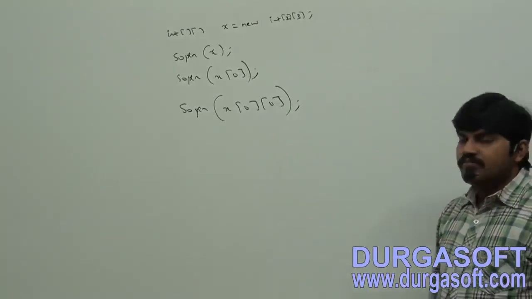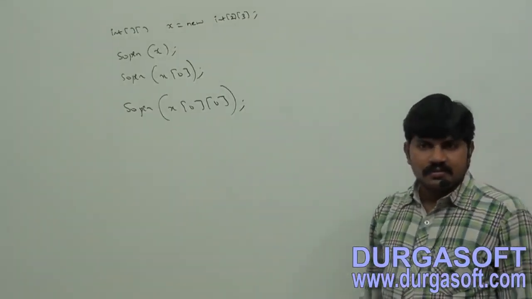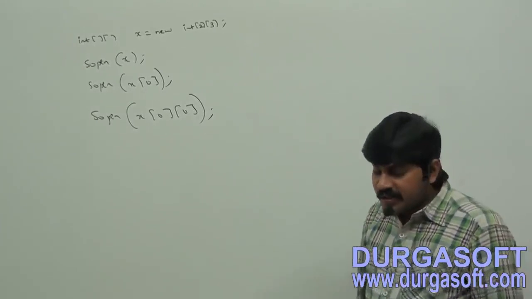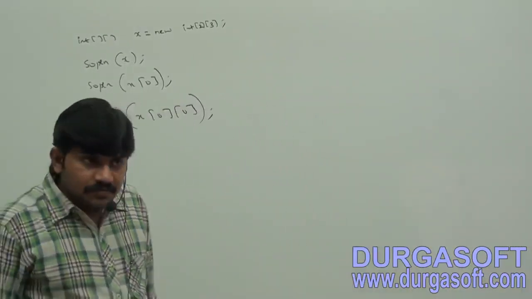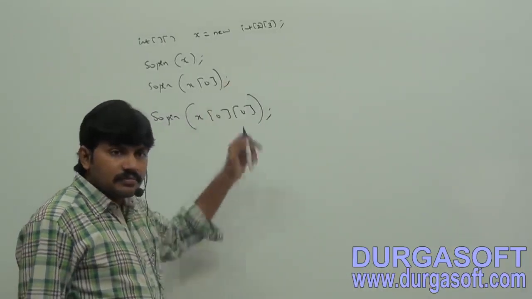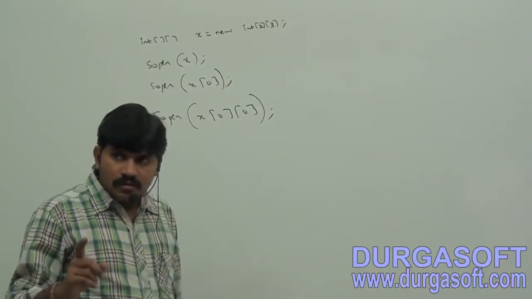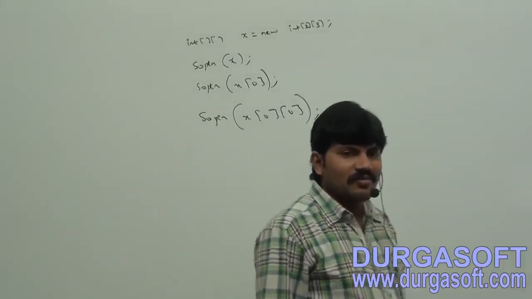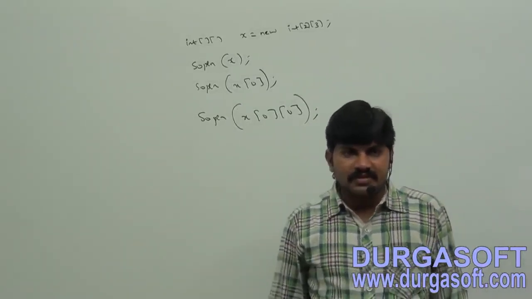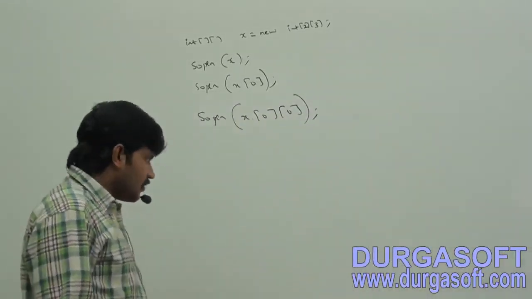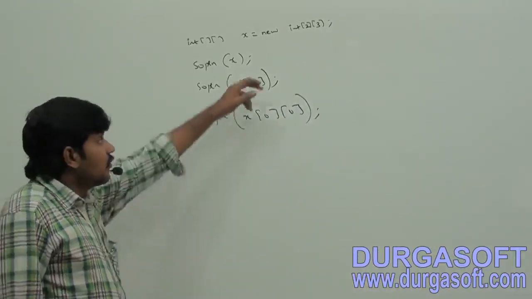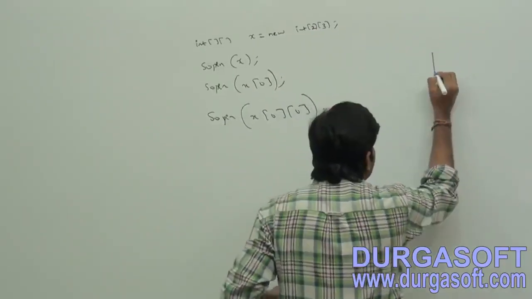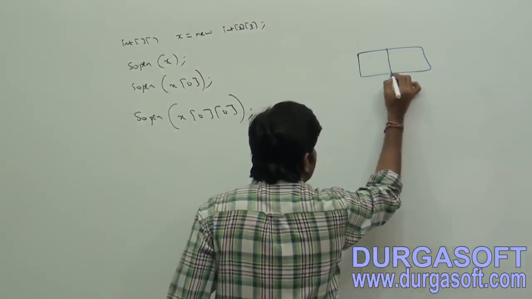What is the answer? First one, class name at the rate. Second one, 0. Third one, 0 always. What is the dimension? 2 dimension, where base size is 2. x's base size is 2.